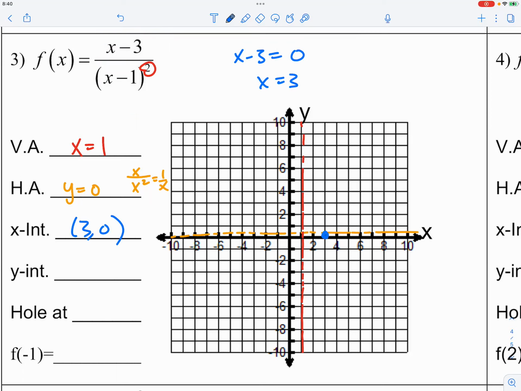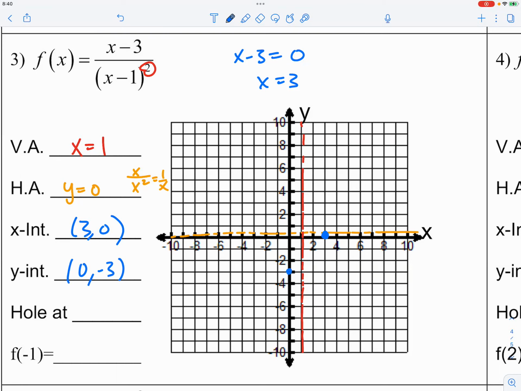All right, now, what about the y-intercept? 3 comma 0 is the x-intercept. And then for the y-intercept, it's when x is equal to 0. So when you put x equal to 0, you have minus 3 over negative 1 squared, which is just 1. So 0 comma negative 3.